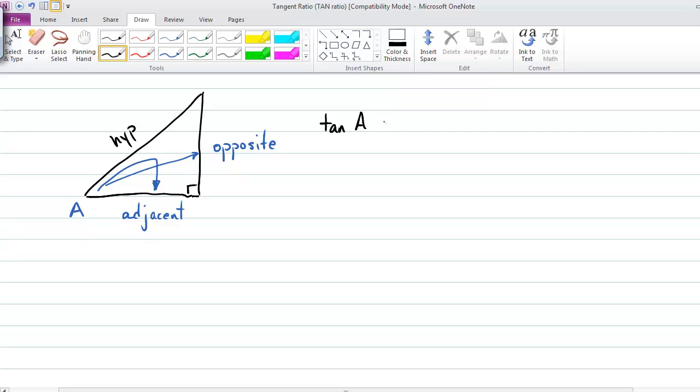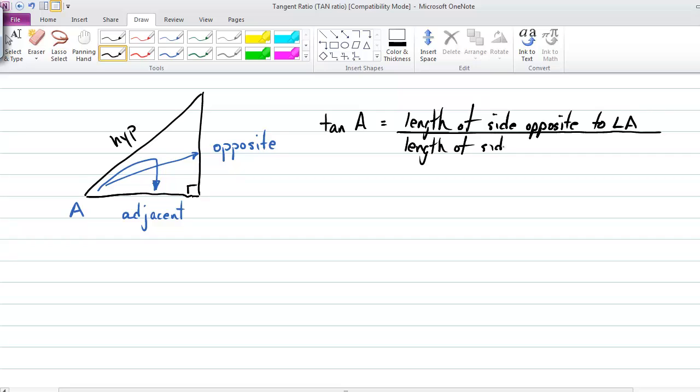The tangent ratio of a particular angle, and I'll just call it A for now, is equal to the length of the side opposite to angle A, compared to the length of the side adjacent to angle A. And again, what happens is if we change one of these sides, angle A changes.